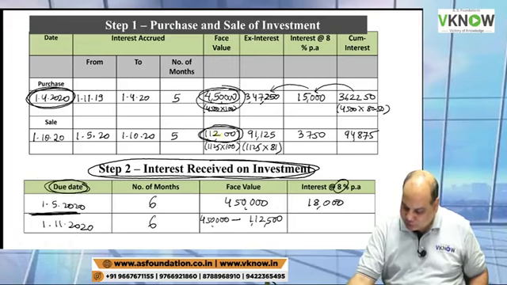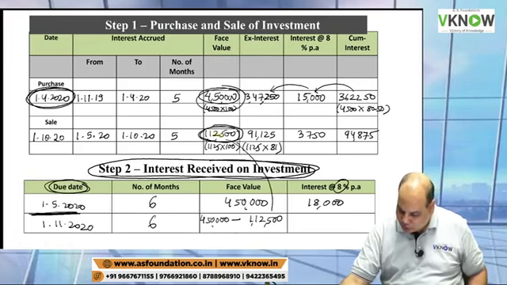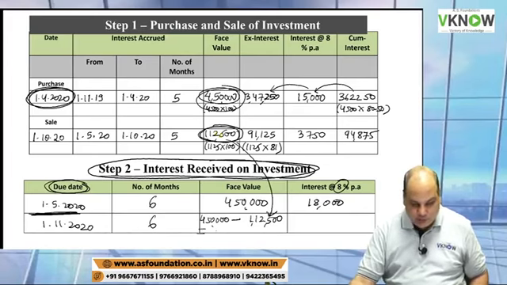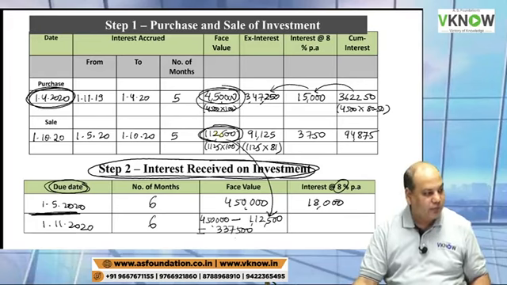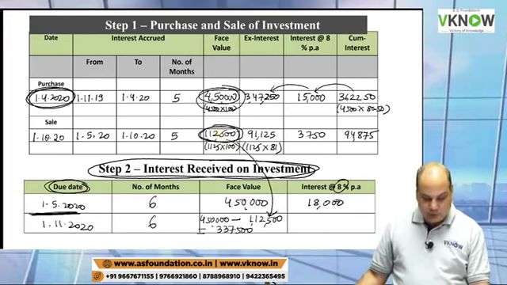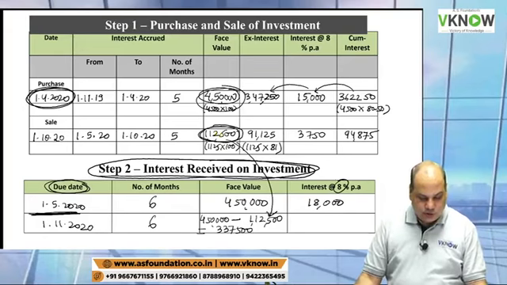This amount I have deducted here. So the balance left with me is 337,500. 337,500 into 8% into 6 by 12.